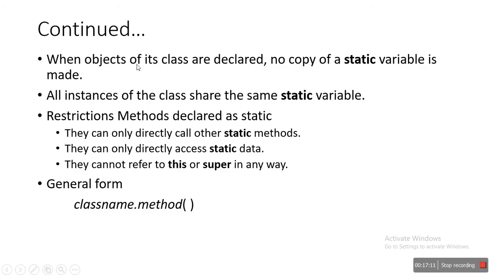When an object of its class is declared, no copy of a static variable is made. What actually happens when you create an object by using the new operator is that it creates a copy of that particular class. For example, take an employee class whose members are employee number, employee name, and employee designation.